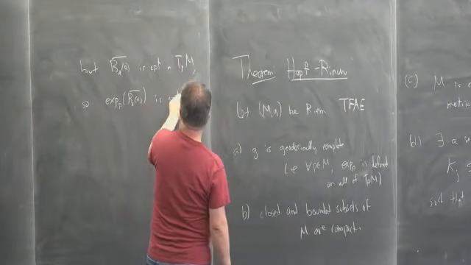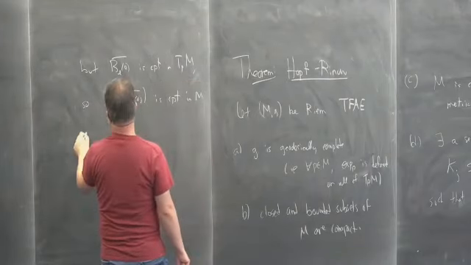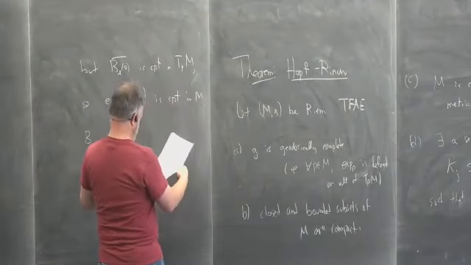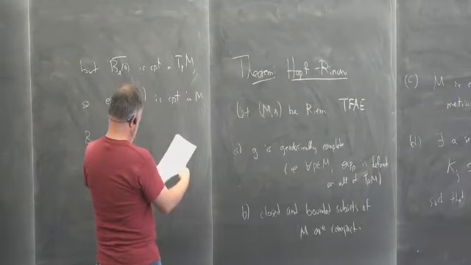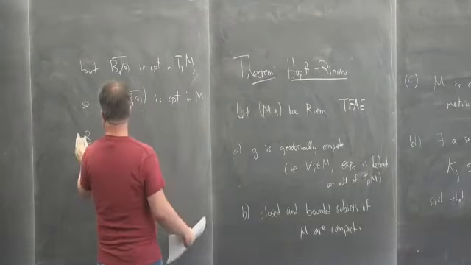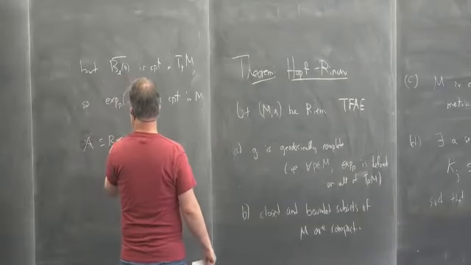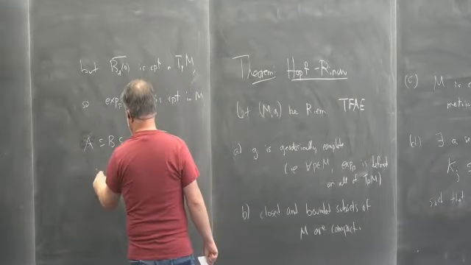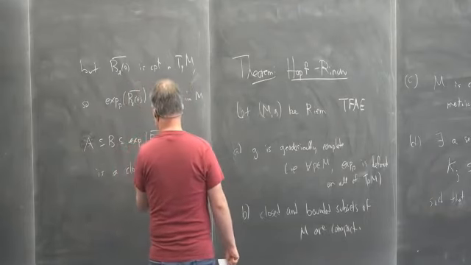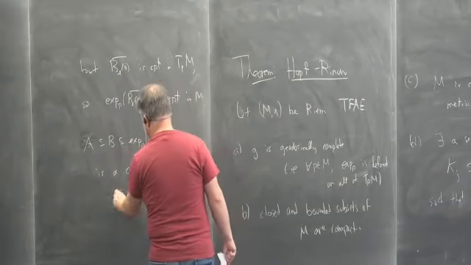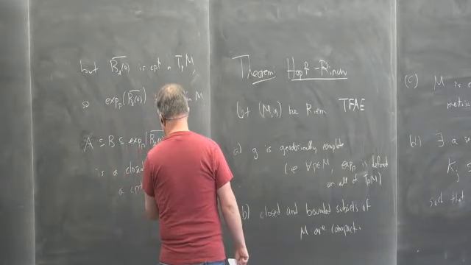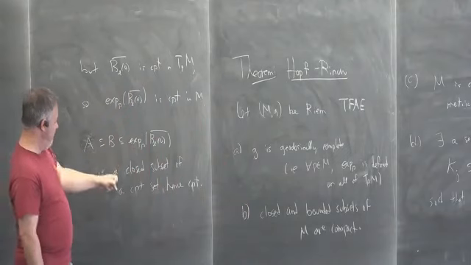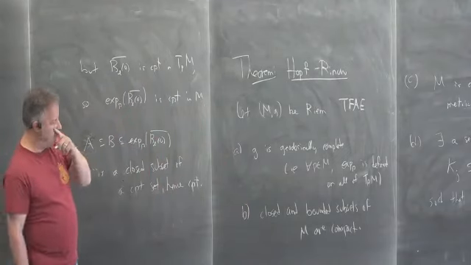This is compact in M. And then A is contained in B, which is contained in here, a closed subset of a compact set, hence compact. Okay, so here's where I use the closedness of A, and I use the boundedness of A over there.